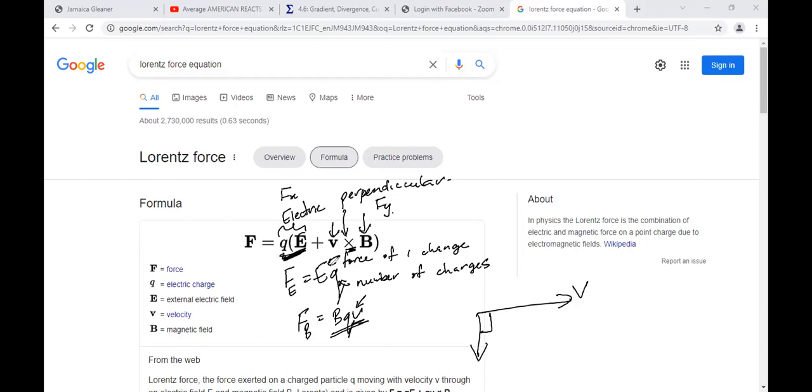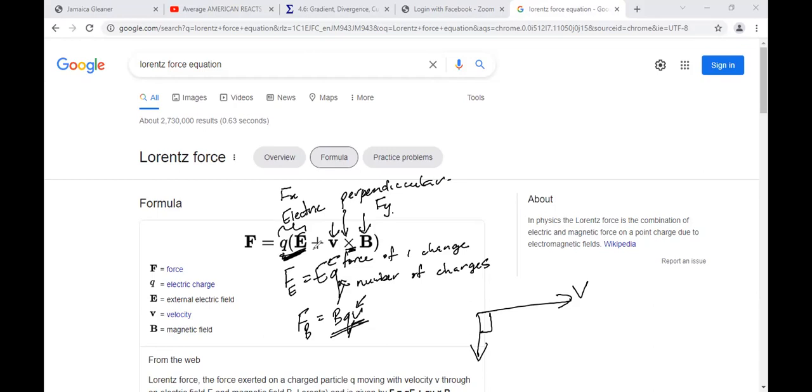An algebraic sum says 10 dumplings plus 2 dumplings is 12 dumplings. A vector sum says 10 meters north and 2 meters west. It's not 12 meters. You'd have to do a vector addition for that, because the two things are perpendicular to each other. So you have to be able to differentiate between the two.